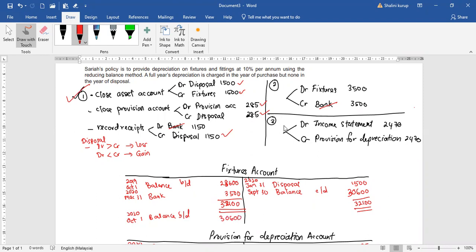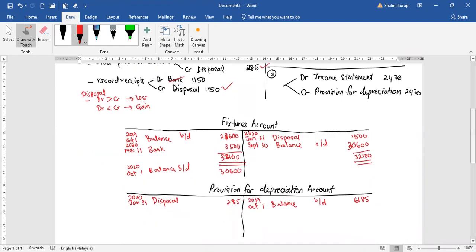Last but not least, you see for the provision for depreciation, you have an entry here. So what happens is first you already done the disposal part. Now this part you have to do. So provision for depreciation. Again, as I told you, in the exam question they only ask for fixtures, provision and disposal. So you don't have to do income statement for the year ended and all that. So again, this will be 2020 September 30, and this will be income statement.